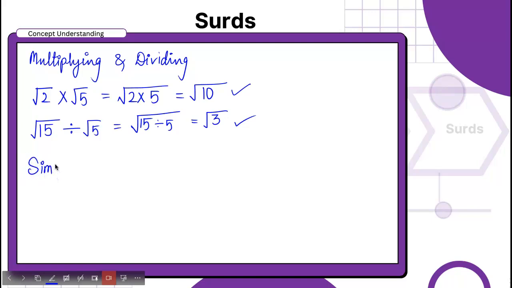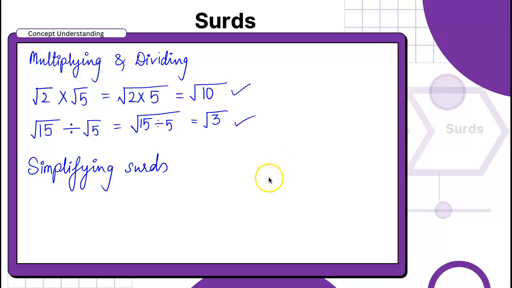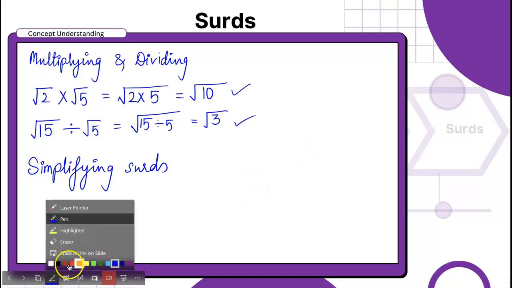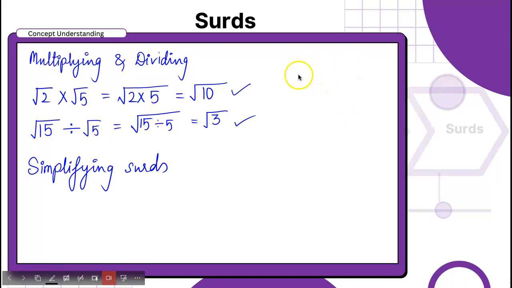That's a nice, good concept. Simplifying surds. For simplifying surds, I'll show you the square numbers here. 1 is the square number of 1. 4 is the square number of 2.